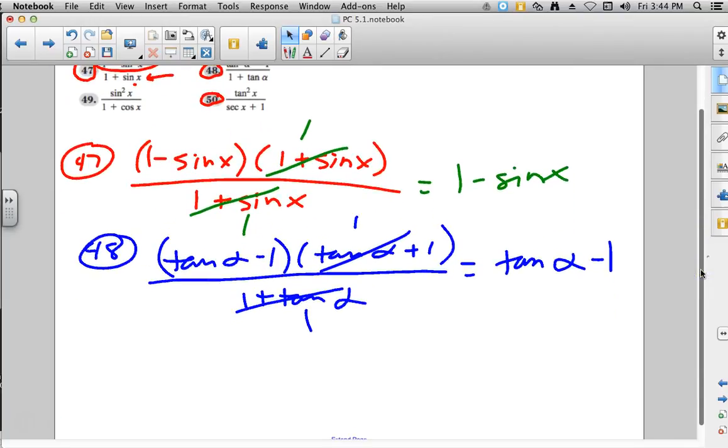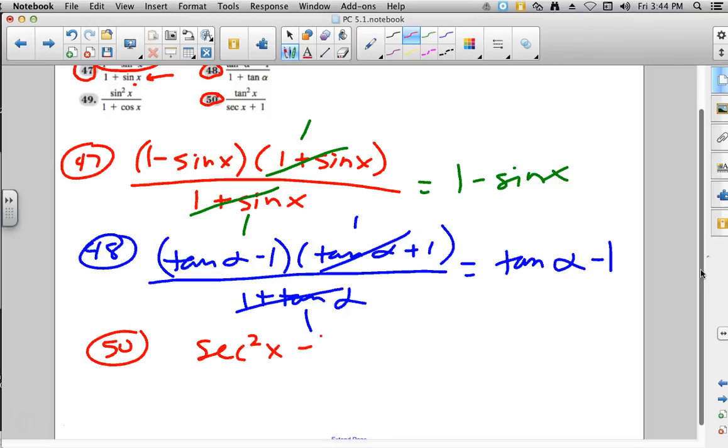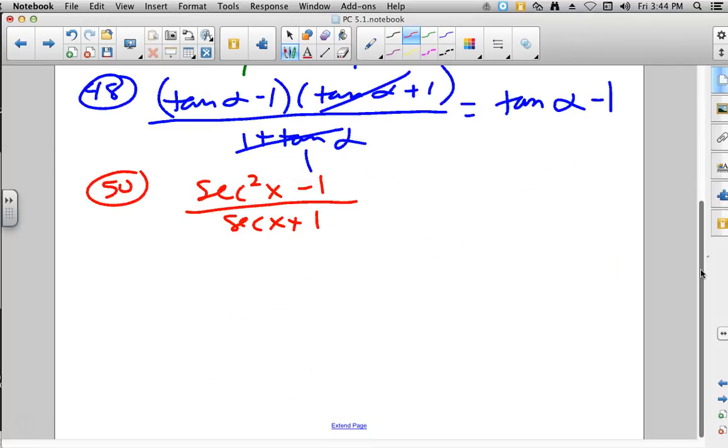So, like I said with 50, after I've done all of these, I'm thinking, oh, I don't think I want tangent squared x up there. I think I want to use the Pythagorean identity for that and say, hey, that's secant squared x minus 1 all over secant of x plus 1. And that's because secant of x plus 1 is a factor of secant squared x minus 1.